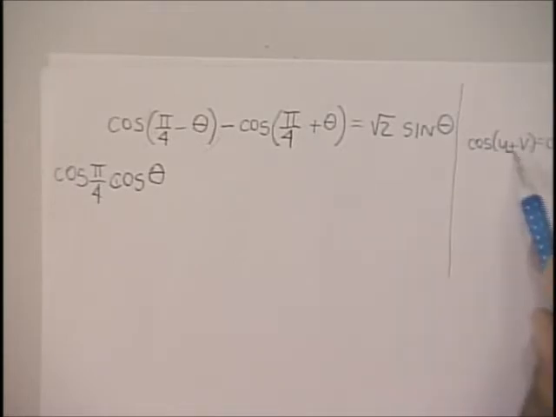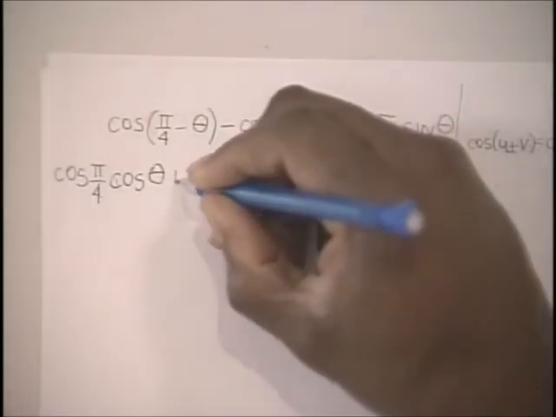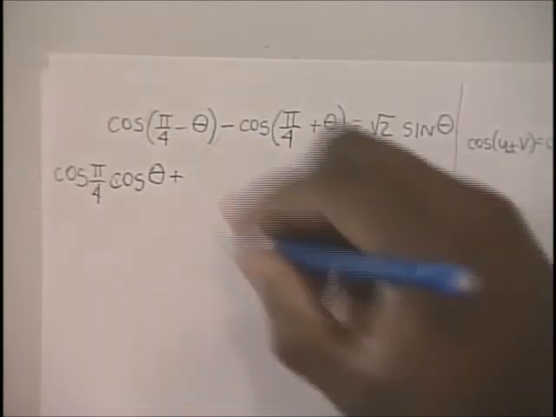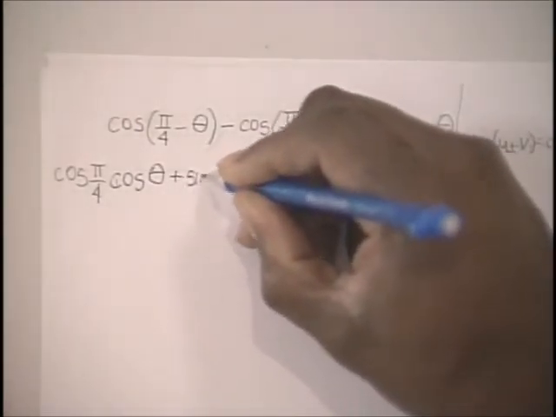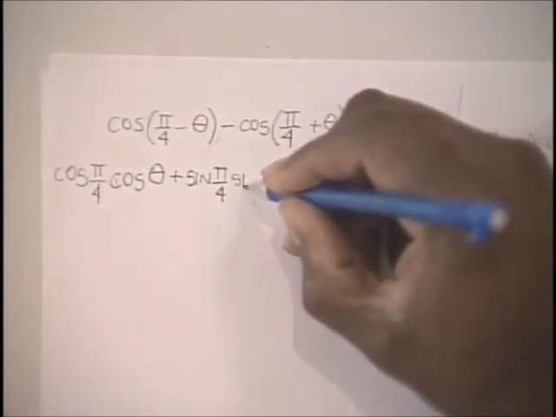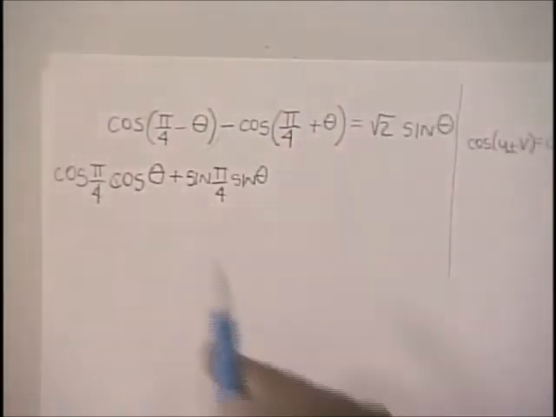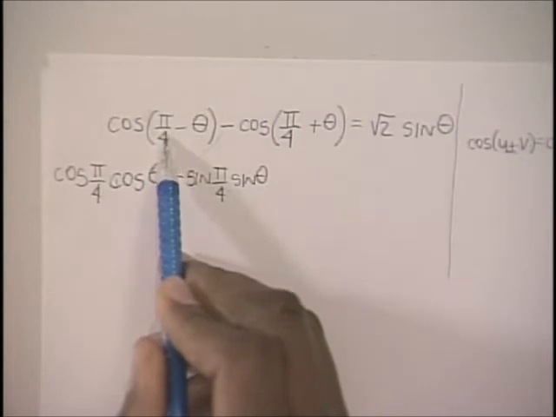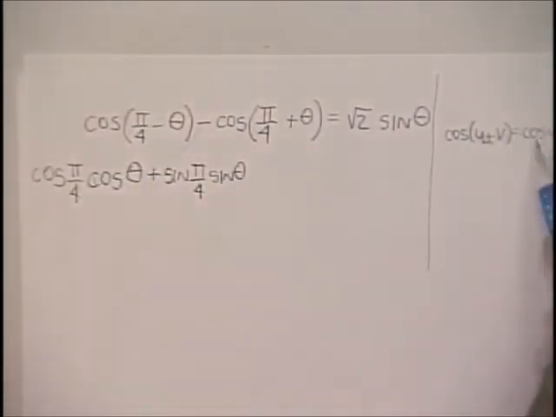When you're subtracting, you have to add. So we're going to add sine u sine v. So we're going to add sine pi over 4 sine of theta. All right, so this cosine u minus v forces you to take cosine u cosine v plus.